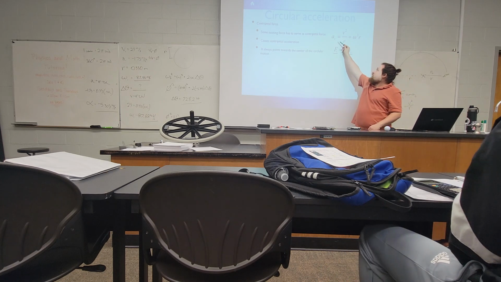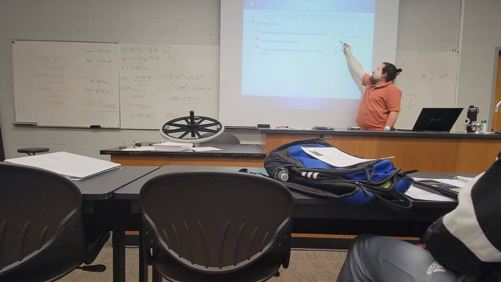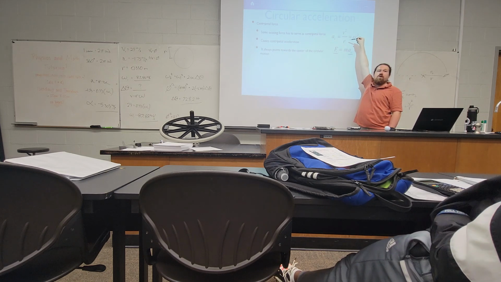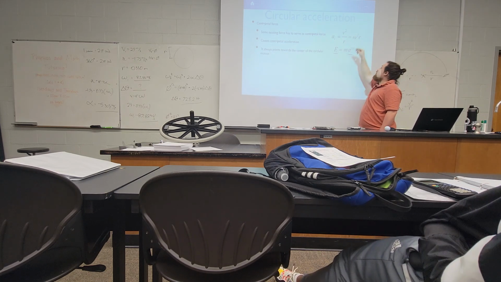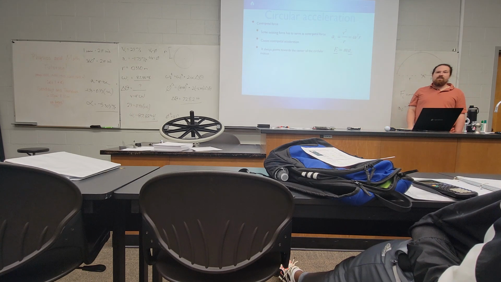The formulas for that being: if a centripetal force is acting on something, it causes a centripetal acceleration on its mass. That centripetal acceleration is equal to either its linear velocity squared over its turning radius, or alternatively, its angular velocity squared times its turning radius.